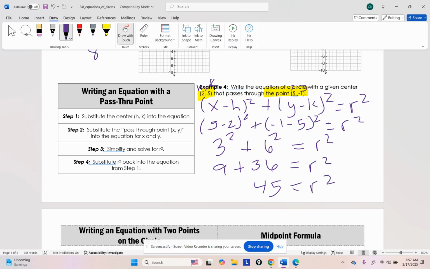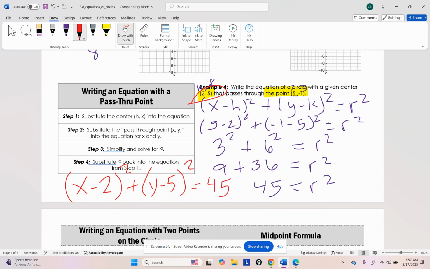So your radius squared is 45. So our equation is going to be x minus, and we use the center that we have here, x minus 2 squared plus y minus 5 squared equals 45. And that's your equation.